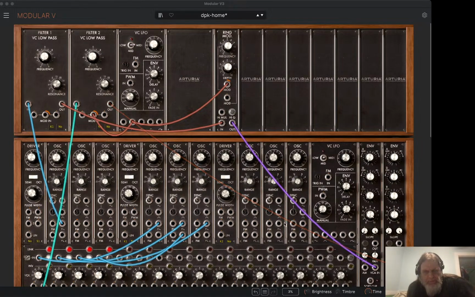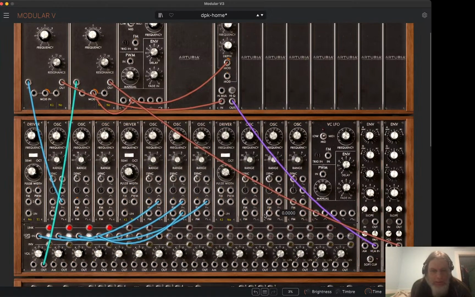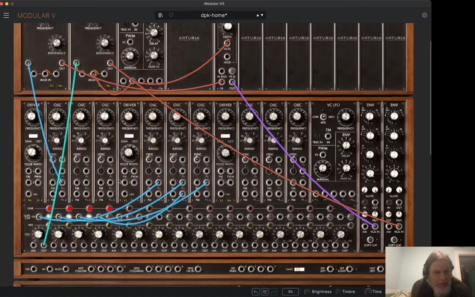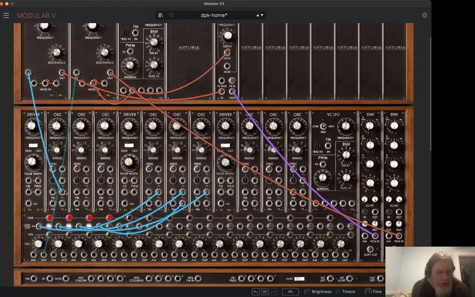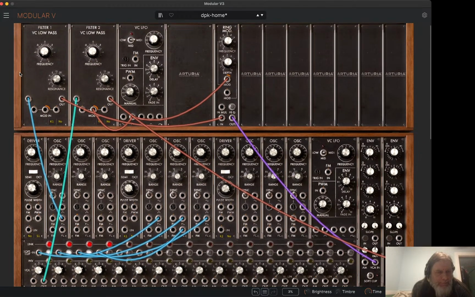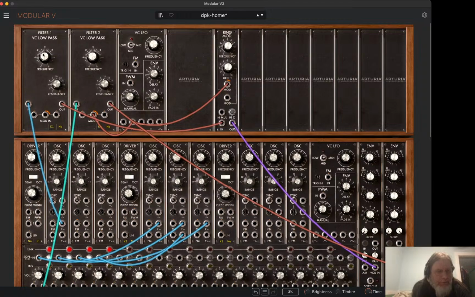So yeah, that's a sound that I created. To go through it again, there are three banks of three oscillators here. One bank of one oscillator is outputting a sawtooth wave into this frequency filter.